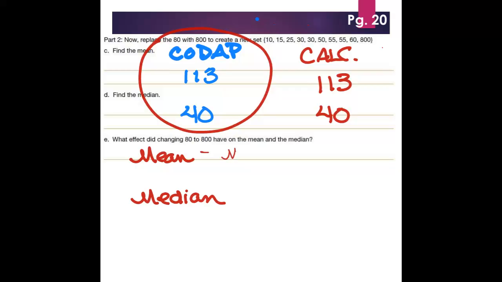Well, we were talking about the mean first. Okay. So the mean did what? The mean increased by a large amount. You might want to write this down on your paper. The mean increased by a large amount when you substituted 800 in place of 80.